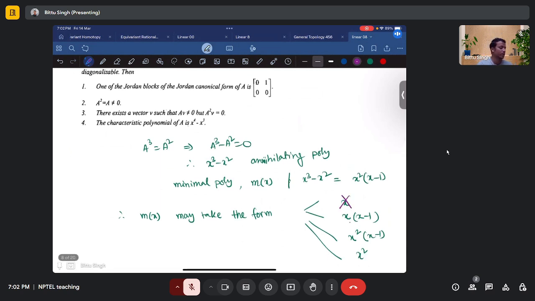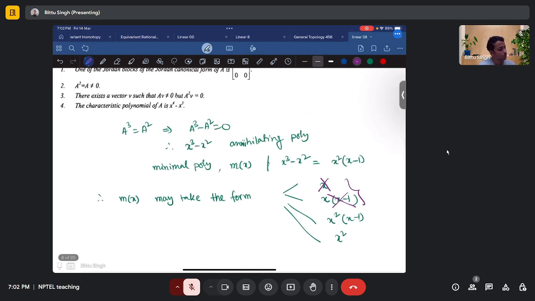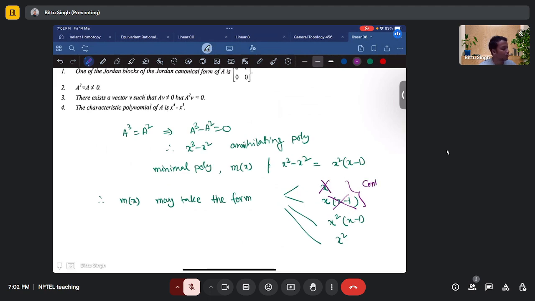Similarly, x times x minus 1, if we take this, it also contradicts diagonalizability. These two contradict diagonalizability.